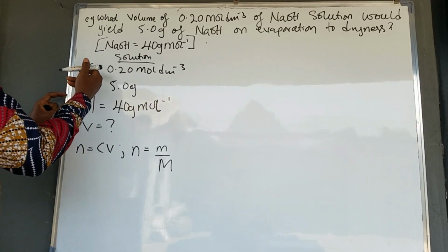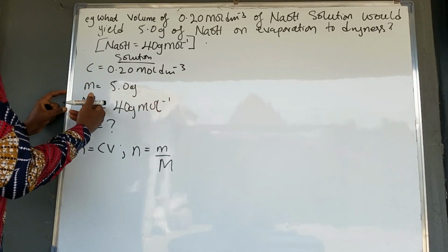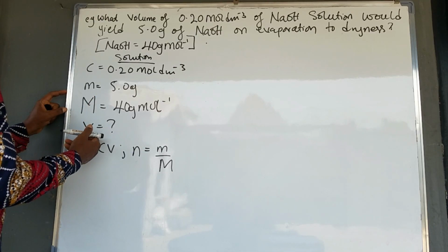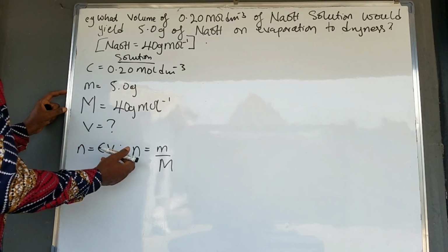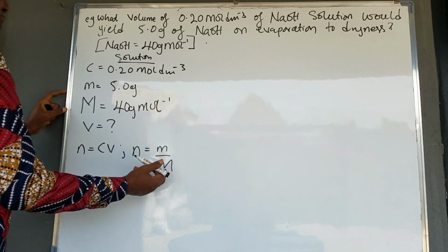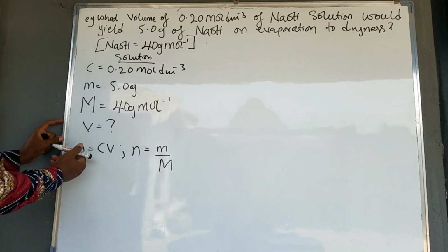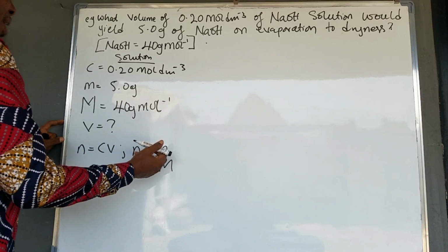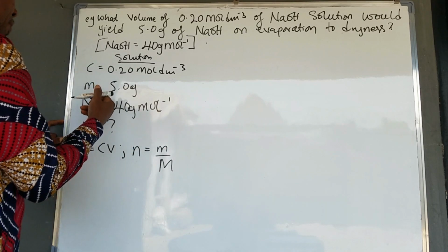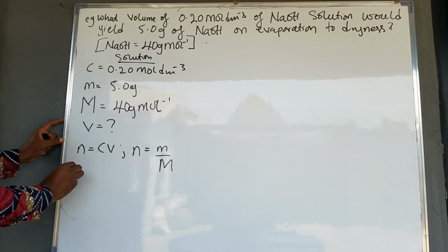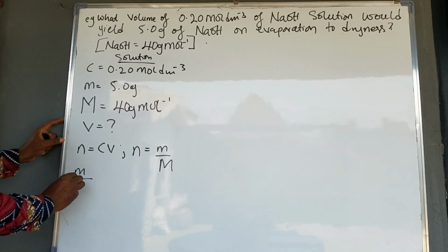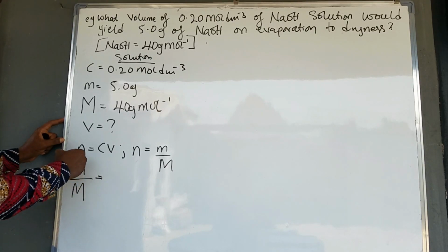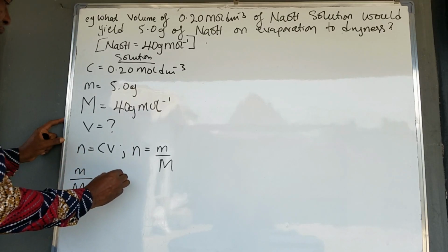Since I have C, I have m over big M, I have V, okay? And n is equal to m over big M. So this n here represents m over big M, and I can just go straight and write m over big M, which is n, is equal to CV.